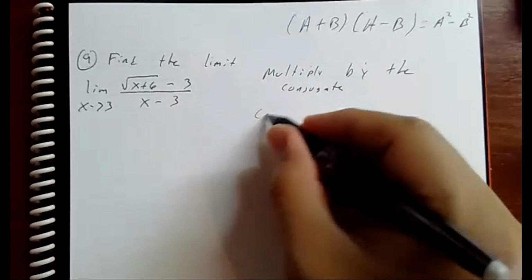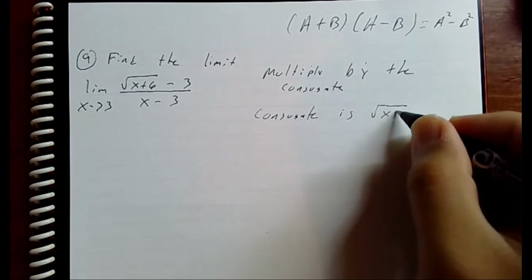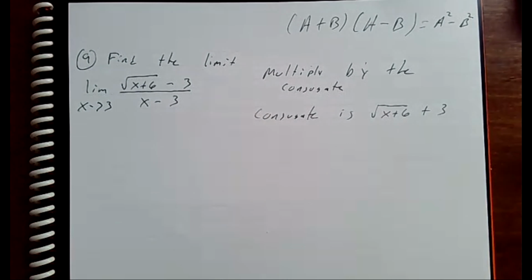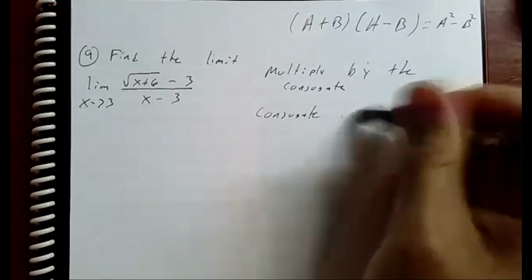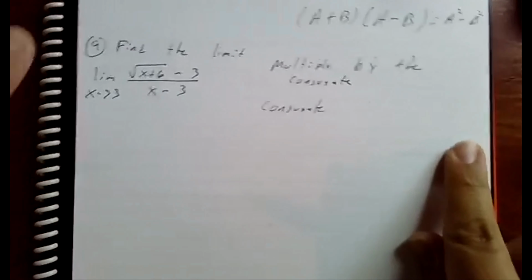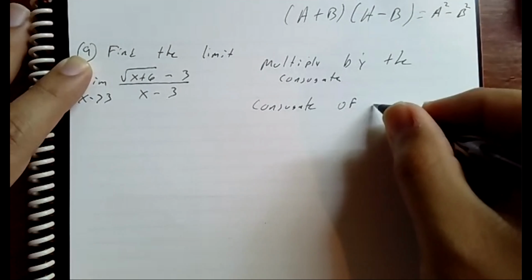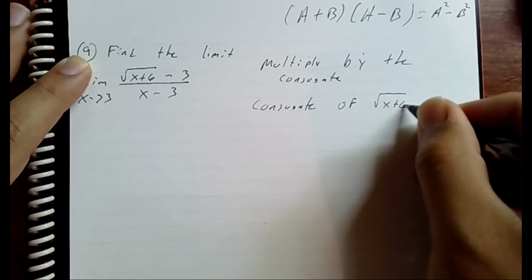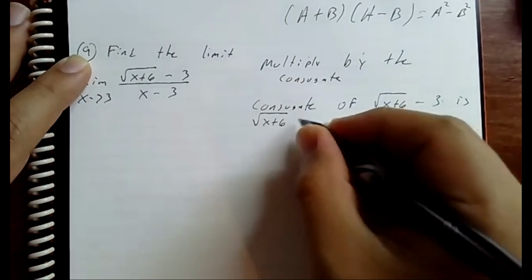Okay, so the conjugate of the square root of x plus 6 minus 3 is the square root of x plus 6 plus 3.